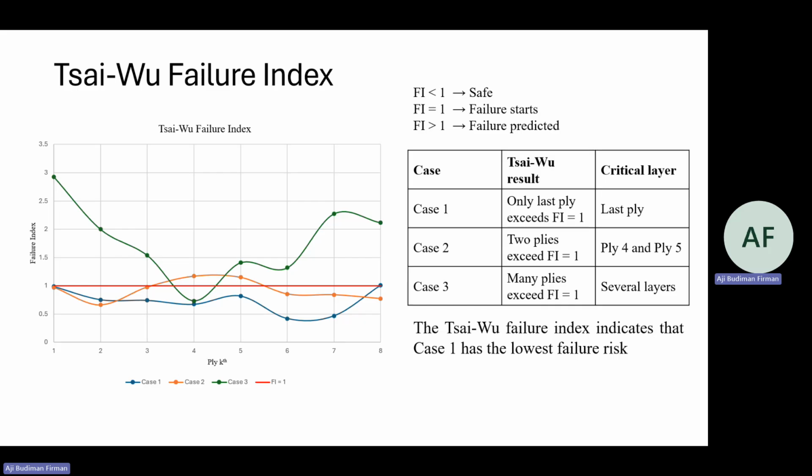Case 1 shows the lowest failure risk because only the last ply exceeds this limit. Case 2 has two critical plies, ply 4 and ply 5, while case 3 is the most critical because several layers exceed the failure limit. Overall, case 1 gives the best failure performance, but further improvement is still needed because one ply still exceeds the limit, even by a small amount.